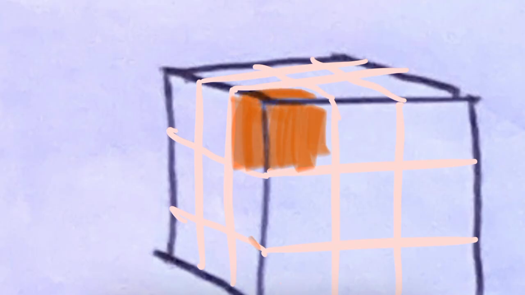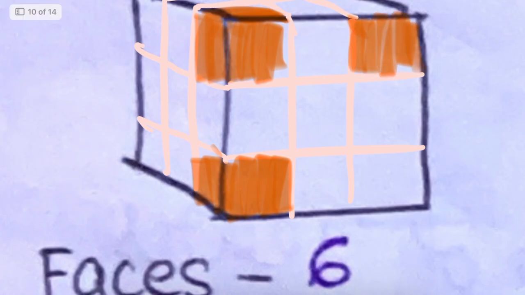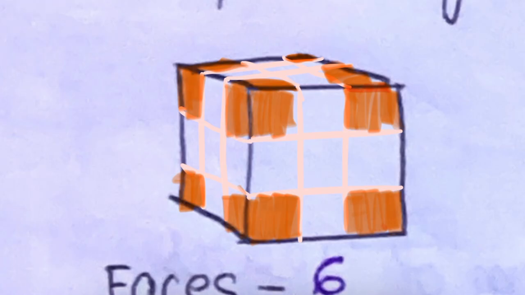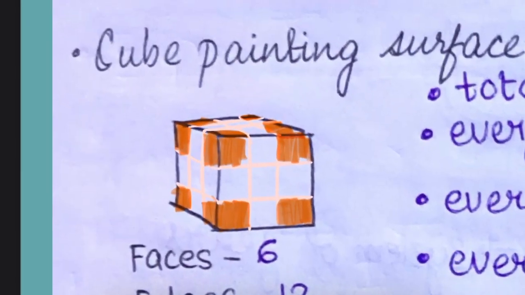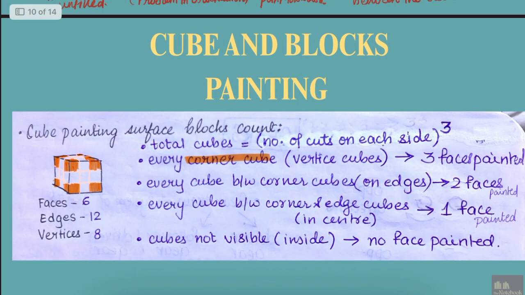This whole cube is a corner cube. This cube is a corner cube. This cube is a corner cube, and this one, and this one. And then one directly behind this cube will also be a corner cube, right? So for the corner cubes, you can see 3 faces are painted. I've painted orange color, for example, on this cube. So 1, 2, 3. 3 faces are painted for all the corner cubes.